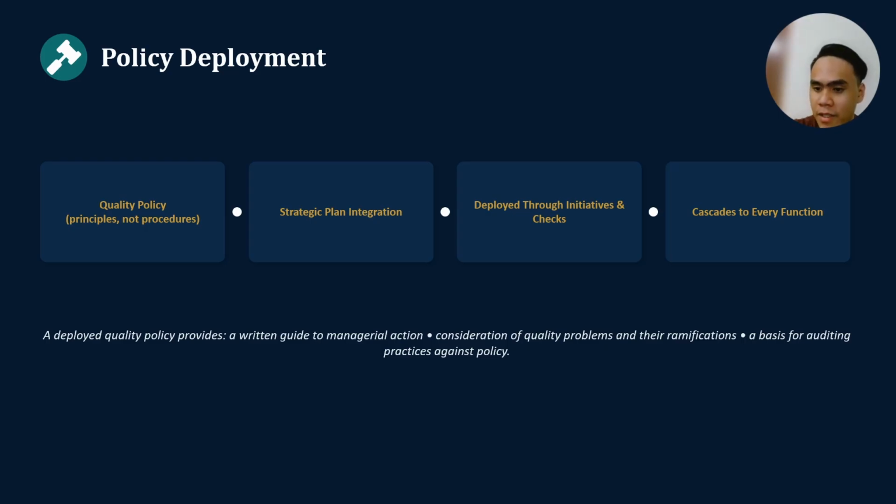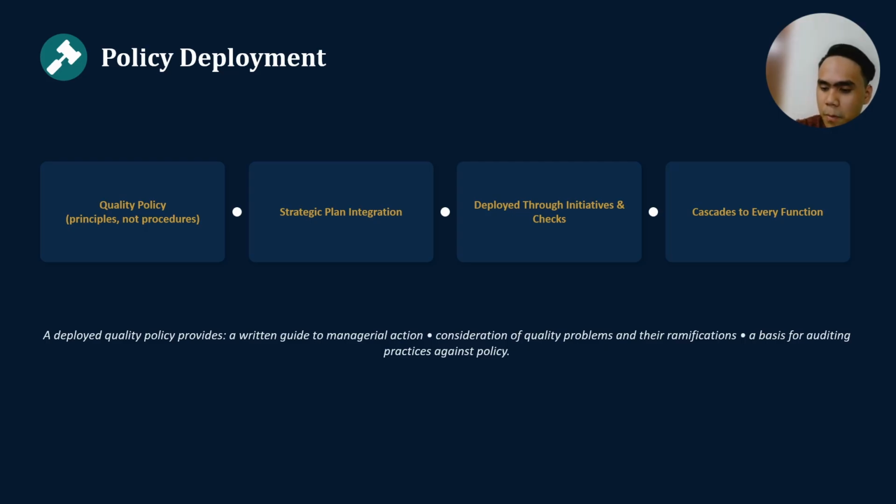If the adaptation happens, it must stay within the original intent of the policy, or the policy loses credibility with stakeholders. A well-documented and properly deployed quality policy gives you three concrete things: a written guide to managerial action that lends stability to the organization, explicit consideration of quality problems and their ramifications before they occur, and a basis of auditing actual practices against the stated policy.